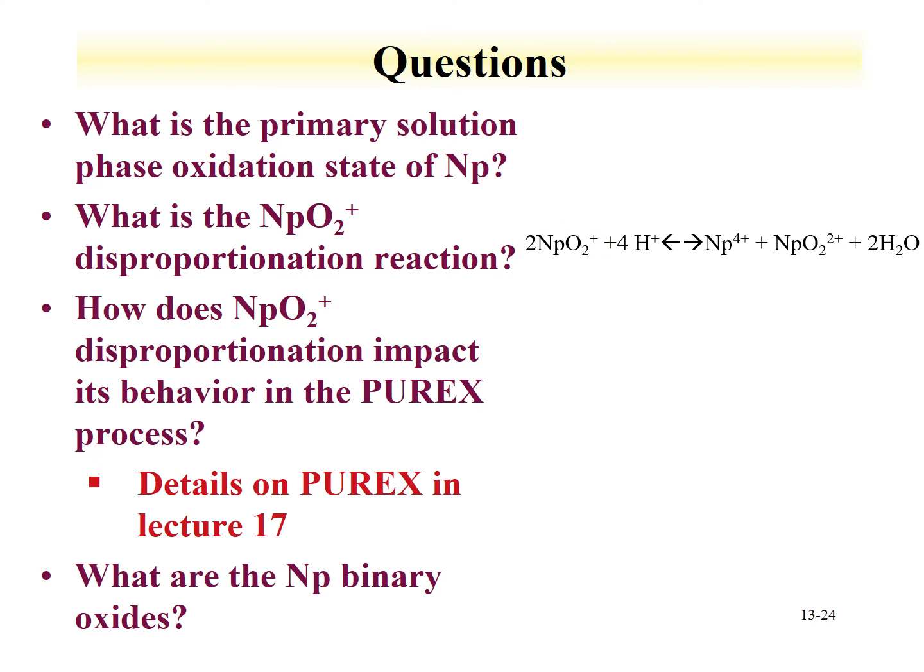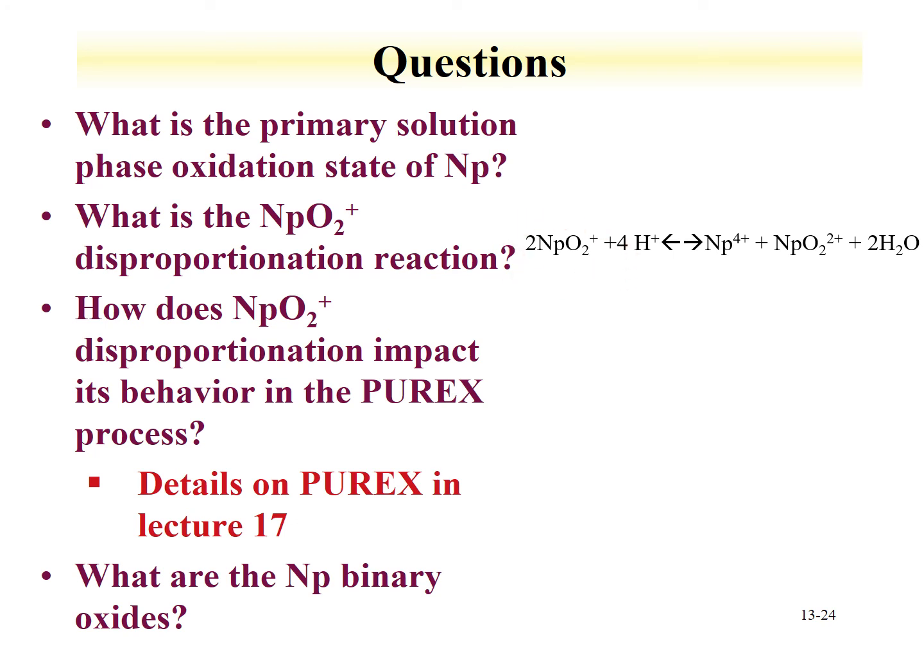How does this neptunium disproportionation reaction impact the PUREX process? We introduced the PUREX process in this lecture. We'll have some details on this process in lecture 17. But the process is used to remove uranium and plutonium from spent fuel. During the separation process, Neptunium-5 does not extract in the PUREX process.